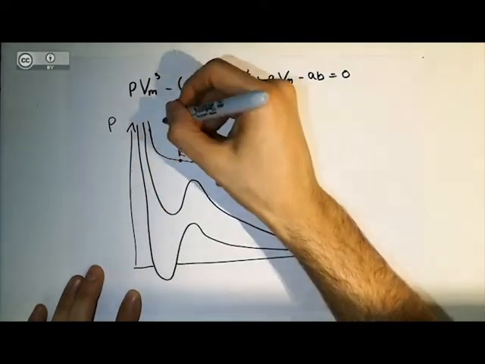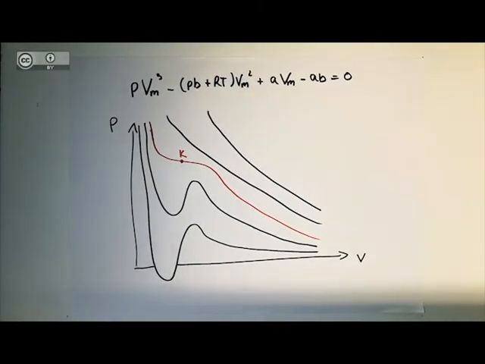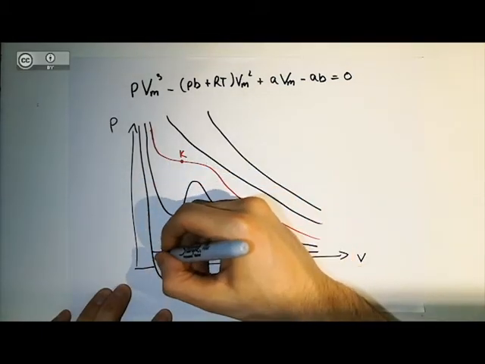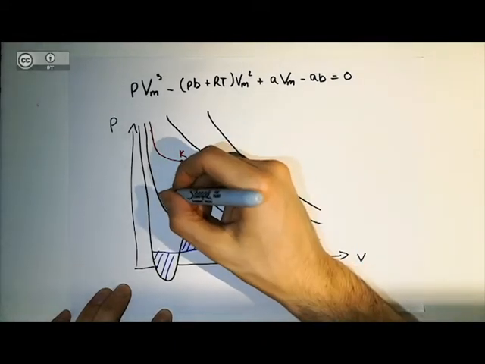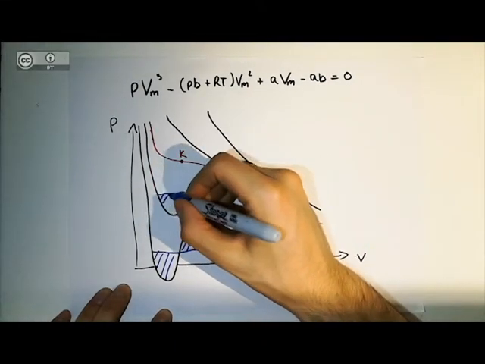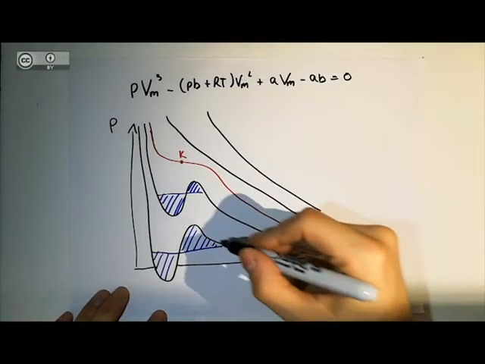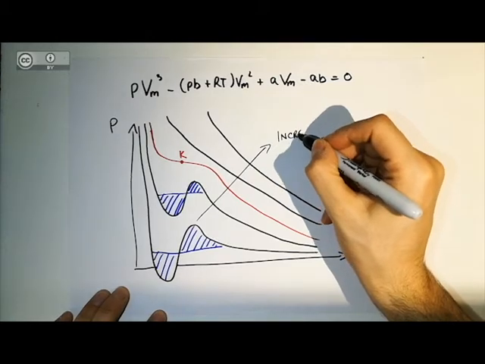To make sense of this, we use something called Maxwell area constructions. These consist of drawing straight lines across the anomalous sections, such that the two areas entrapped between the curve and the line are equal. This modification mimics experimental results. Along the straight line, liquid and gas coexist. This is because the liquid is boiling, and the pressure is constant until it has all been converted into gas.